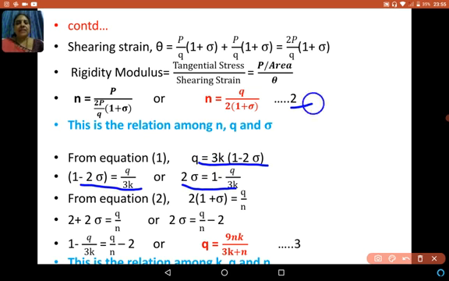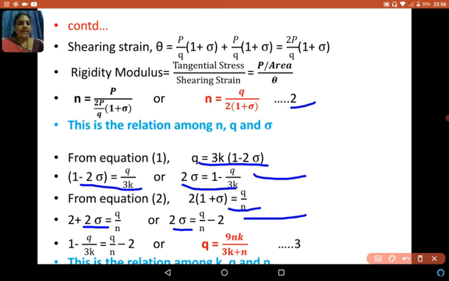Then from equation 2, we have 2 into 1 plus sigma is equal to Q by N. Then 2 plus 2 sigma is equal to Q by N, or 2 sigma is equal to Q by N minus 2. And equating these two expressions for 2 sigma, we have 1 minus Q by 3K is equal to Q by N minus 2.